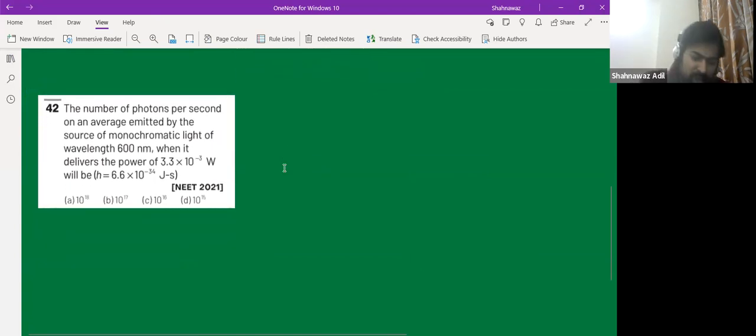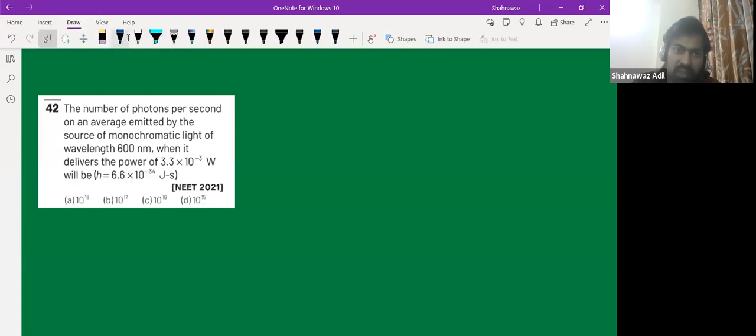The number of photons per second: what is this value? This is the number of photons per unit time, N by t. This thing we have to calculate.